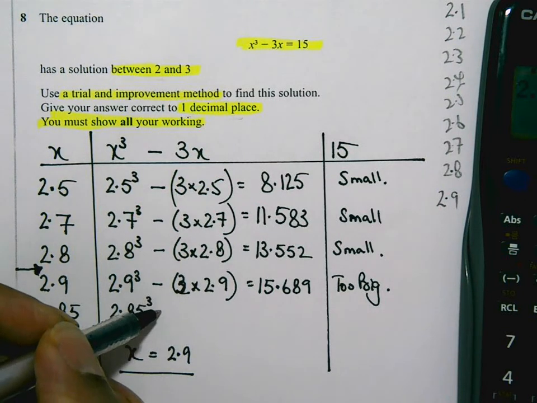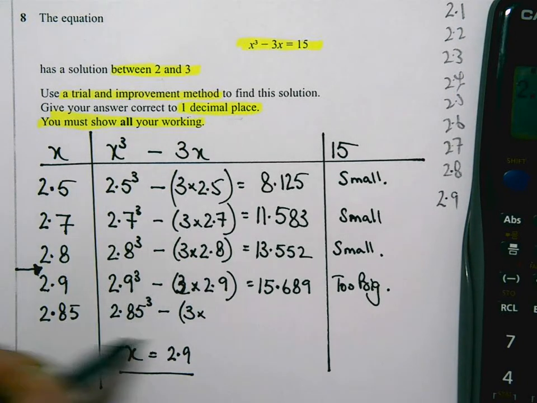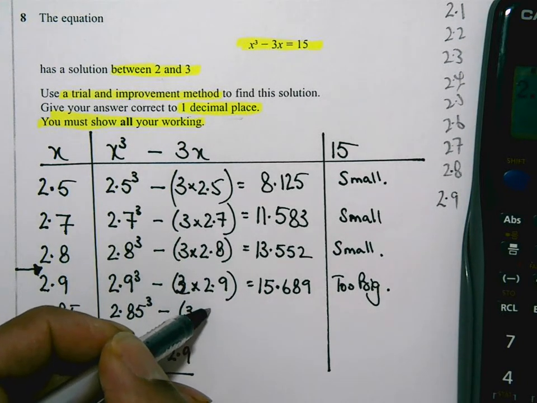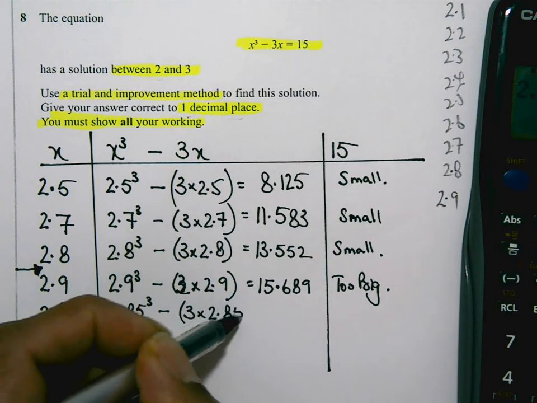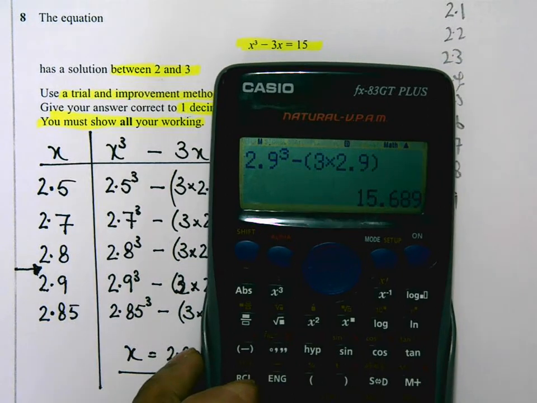So this time I'm going to substitute 2.85, and going back to the calculator, again using the replay button to change all of these.